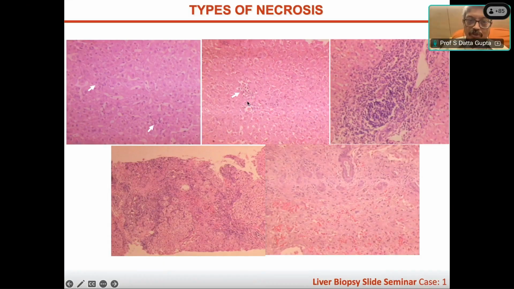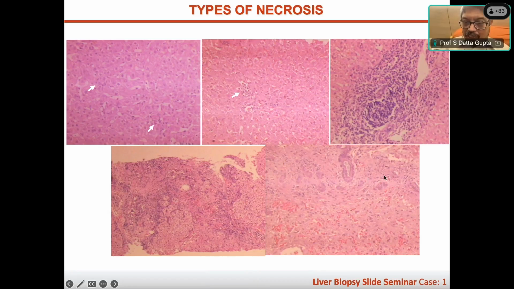If more than a group of cells, nobody knows the number, then you call it confluent necrosis, right? Now, confluent necrosis can be just unqualified, or it can be qualified when it is from one vascular tree to another. It is called bridging necrosis.